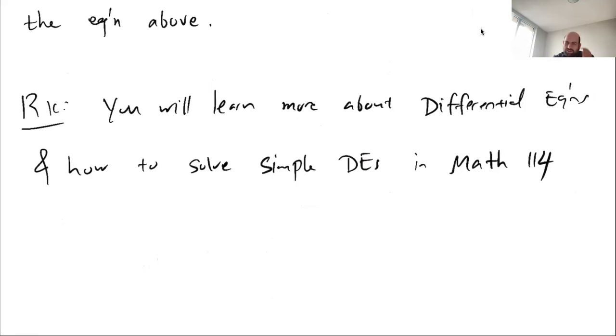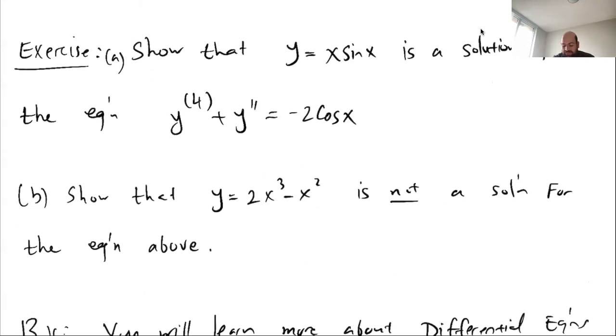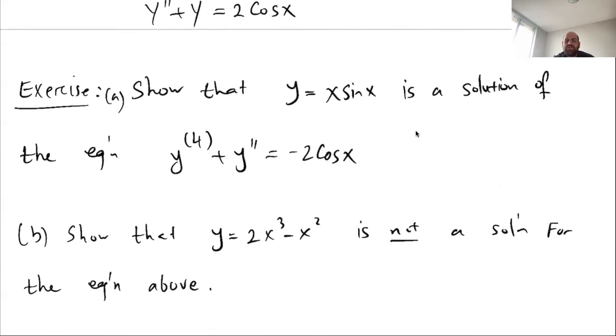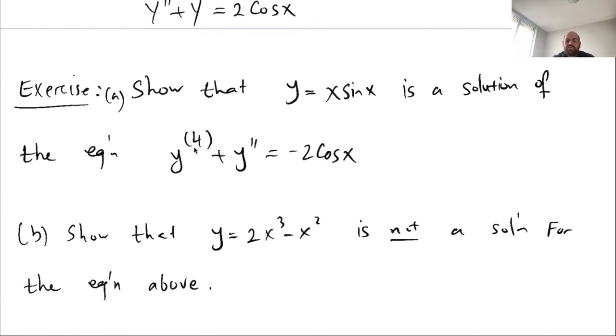For example, what types of differential equations do we have? You will see that this one is called a second order differential equation because the highest derivative that appears is the second derivative, or this one is a fourth order differential equation because the highest derivative is the fourth derivative, and so on. So that's one way to categorize differential equations. Another way is by saying whether they are linear or not.